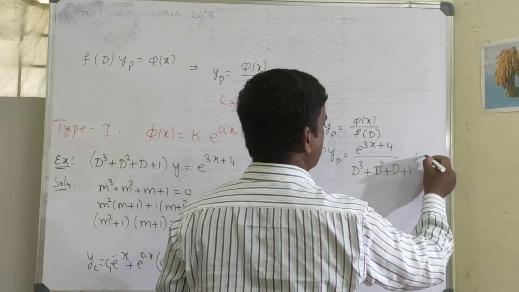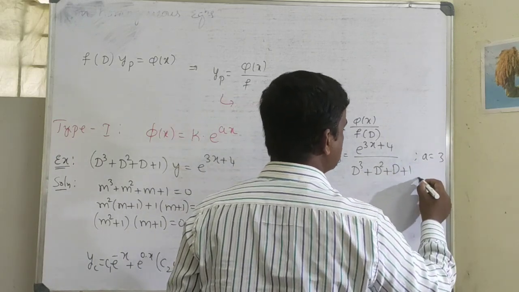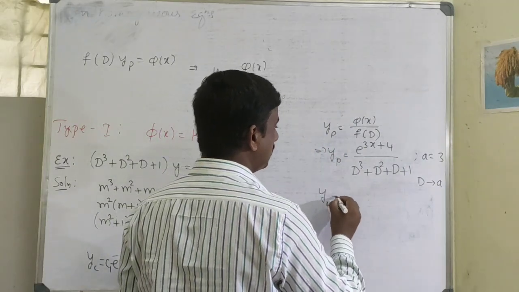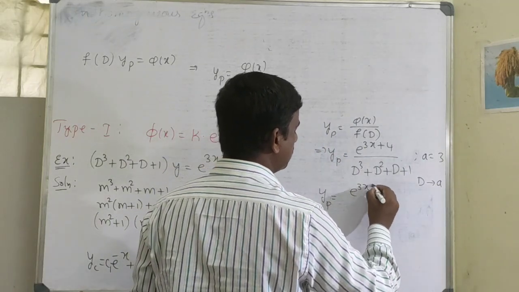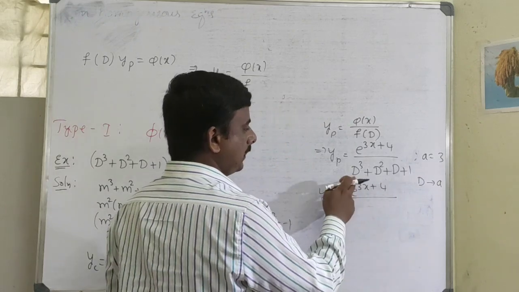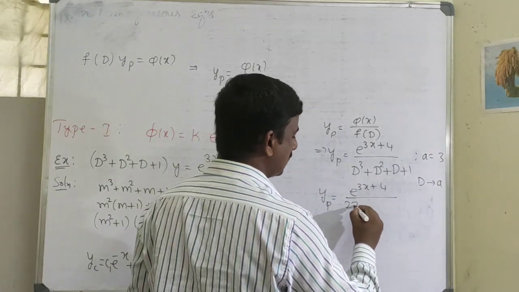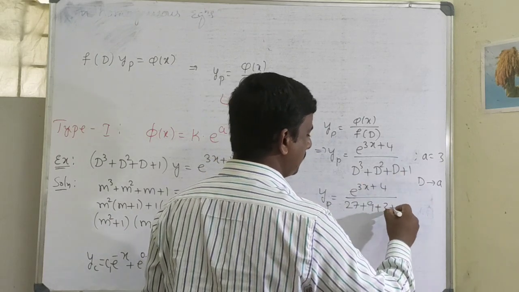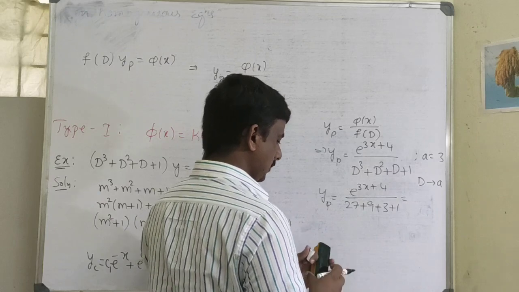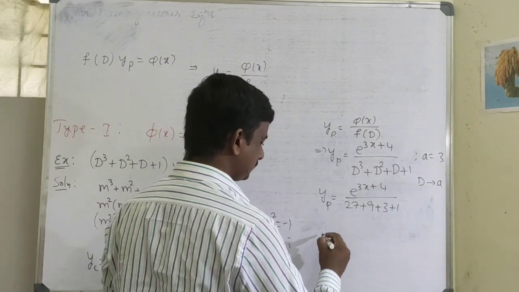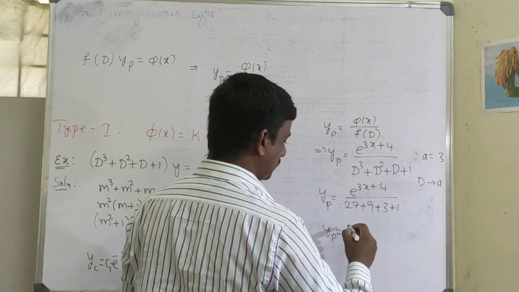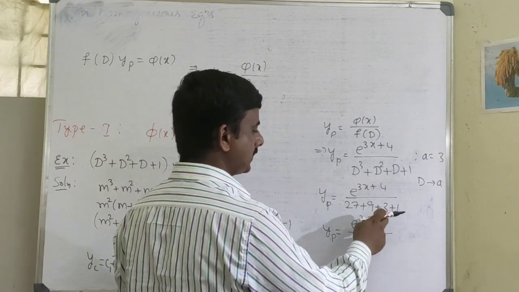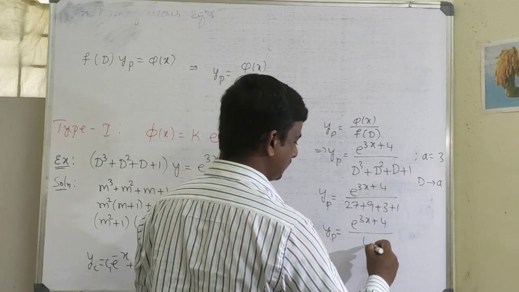So here a is 3. So replace d by a, replace d by 3. So yp will be e power 3x plus 4 divided by 27 plus 9 plus 3 plus 1. So yp equal to e power 3x plus 4 divided by 27 plus 3, 30, 30 plus 10, 40.